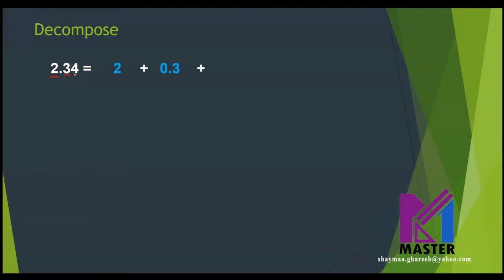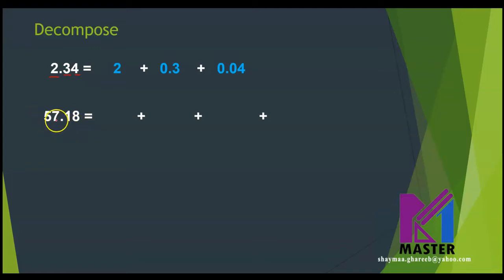Now the last digit, the 4, which is in the hundredths place, which is the second decimal place. So its value will be 4 hundredths. How to write 4 hundredths in a decimal form? 0.04. Okay?